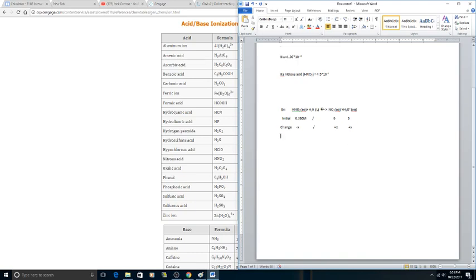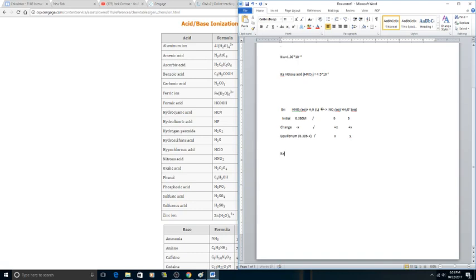The next thing, E is for equilibrium. So at equilibrium, it's going to be 0.386 minus x. Nothing for water. And we're just going to have a static x for both of these because of the coefficient, basically.